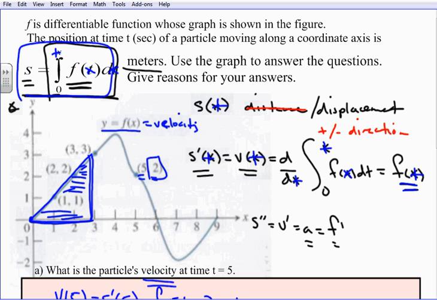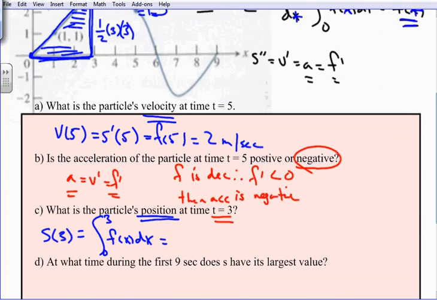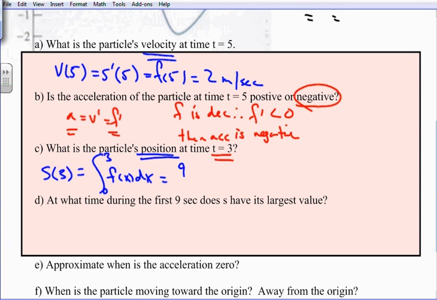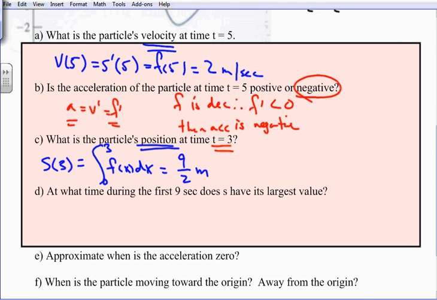The area is 1/2 the base, which appears to be 3, times the height, which is also 3. So the position appears to be 9/2, in meters, and that is where we're located at time equals 3.